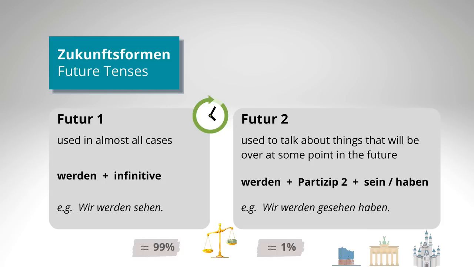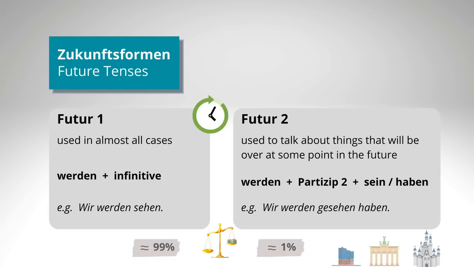The Futur 2, on the other hand, is only used in about 1% of all cases, and it's used to talk about things that will be over at some point in the future. For example, wir werden gesehen haben. We will have seen. You see, this is something that is pretty rarely used. But this shows you how important the Futur 1 is, because we use it in almost 99% of all cases when we talk about the future.